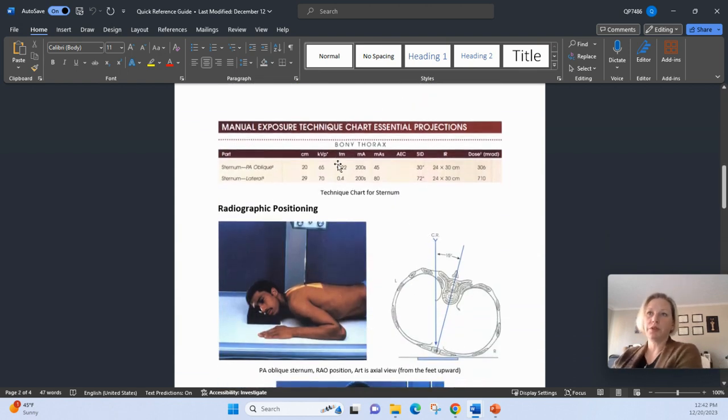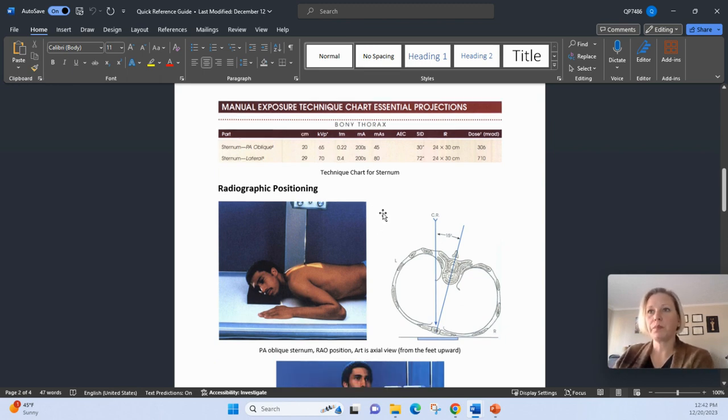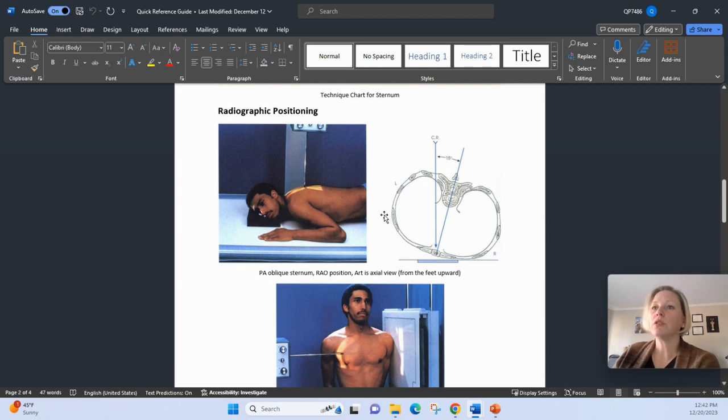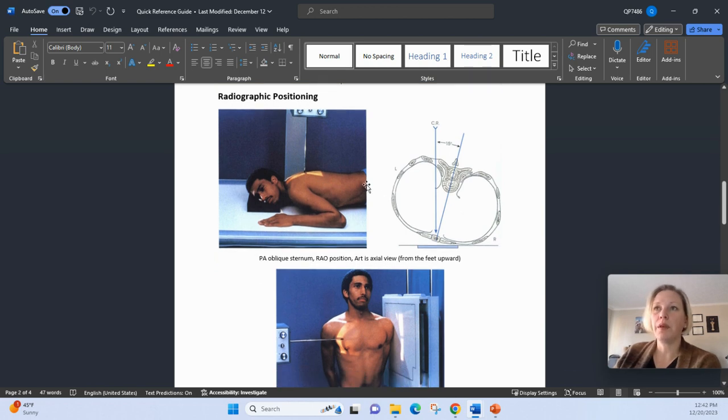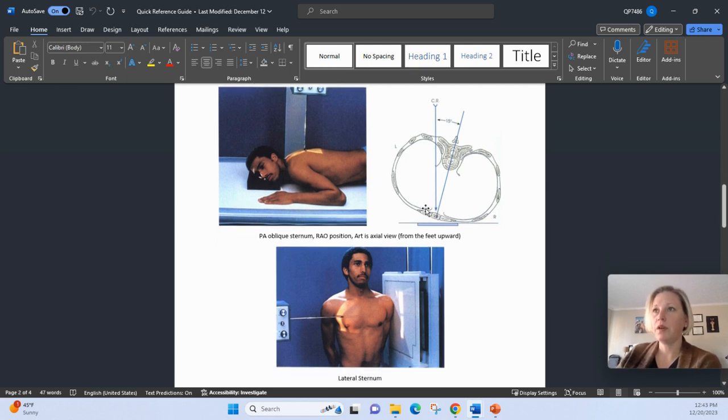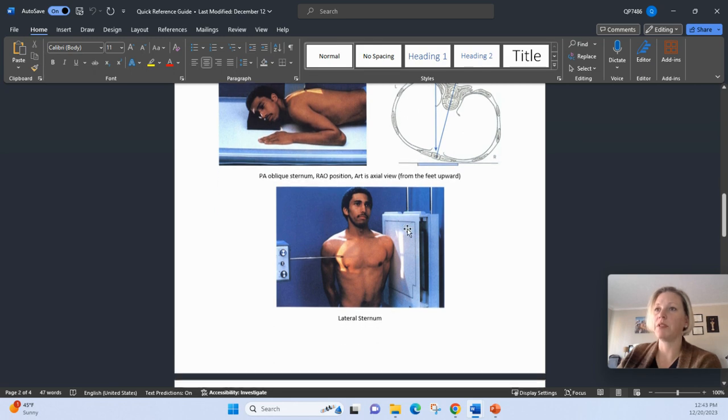This also includes a technique chart for quick reference, and also the positioning for your PA oblique sternum, the RAO position. And this art here is an axial view from the patient's feet upward. Okay, so their left side is going to be rotated up away from the table.